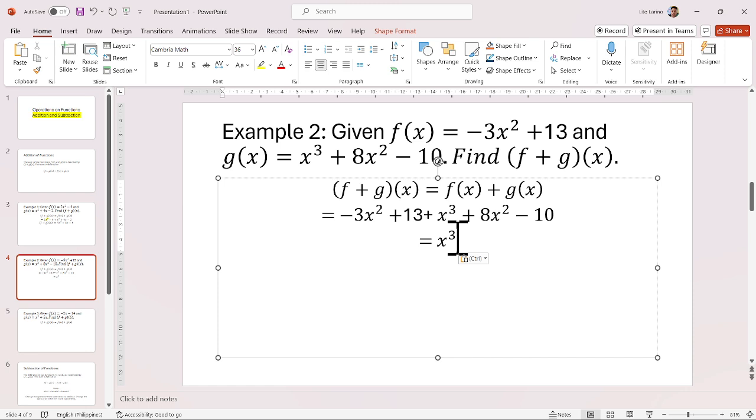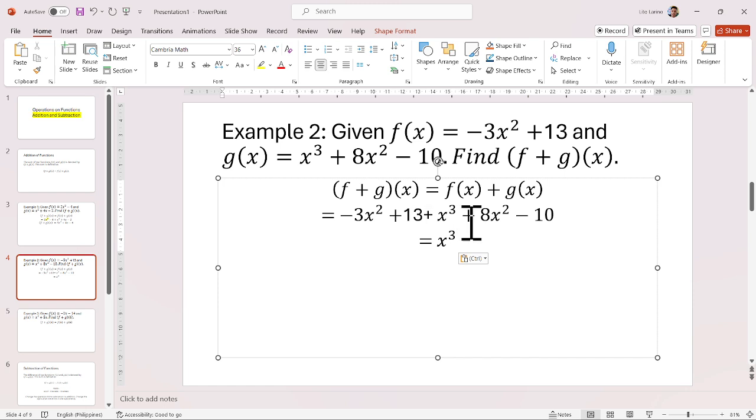Next is x squared. We have two terms with the variable x with exponent 2, and that is negative 3x squared plus 8x squared. We do the addition. We will just add their numerical coefficients.